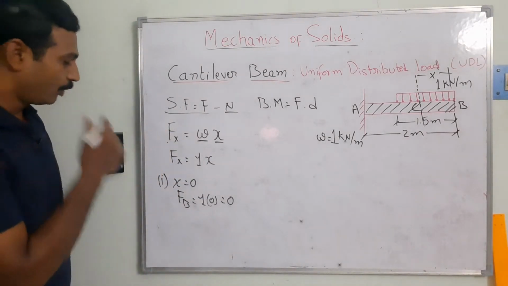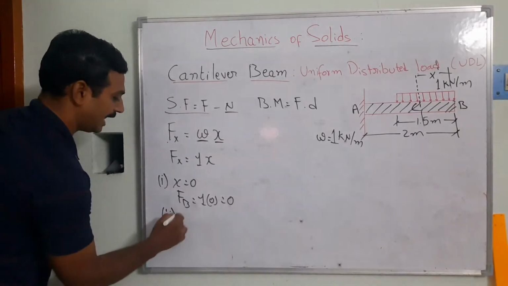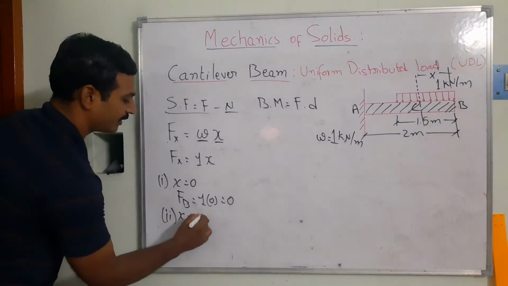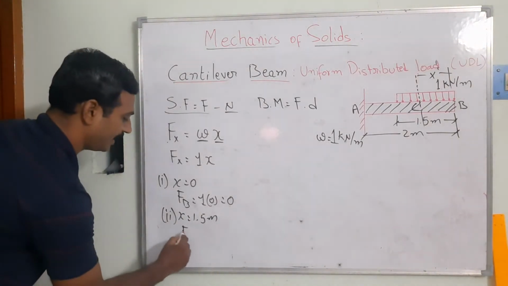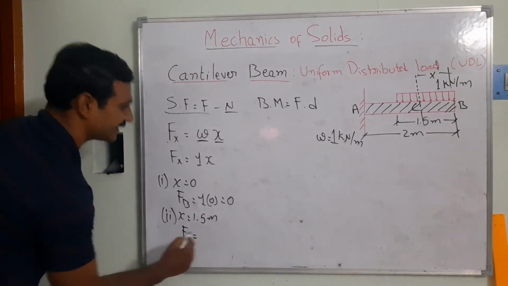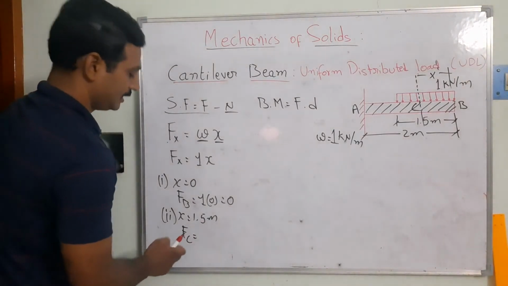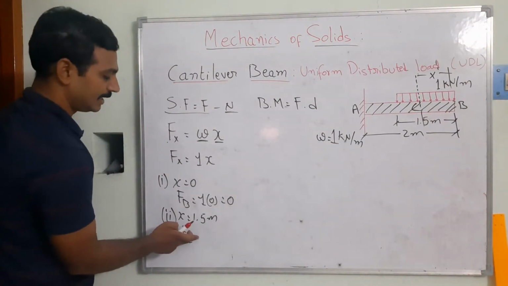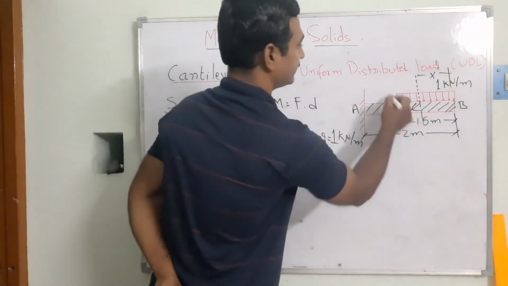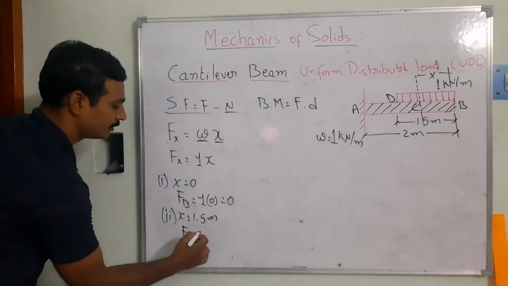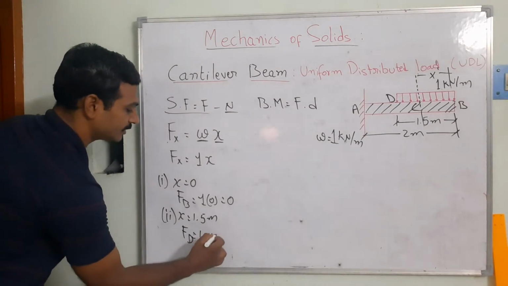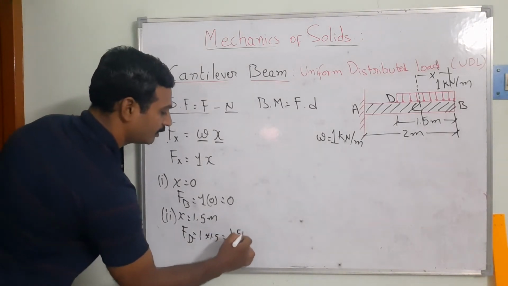Now I am substituting the second one, x is equal to 1.5 meters. We can consider this as point D. Suppose FD is equal to 1 into 1.5 meters, so we get 1.5 kilonewtons.